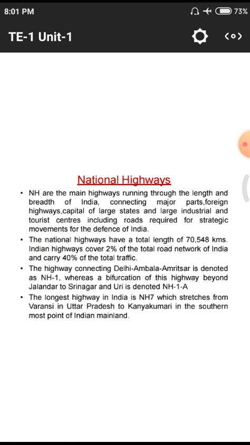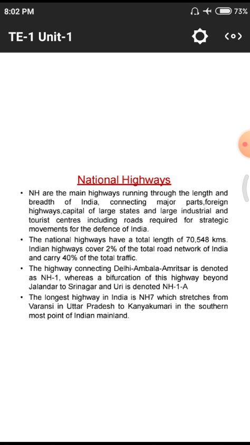Next point, the longest highway in India is NH7, which stretches from Varanasi in Uttar Pradesh to Kanyakumari in the southern region. Kanyakumari is located in Tamil Nadu, at the bottommost part of the country. Varanasi in Uttar Pradesh is near Bihar and West Bengal.